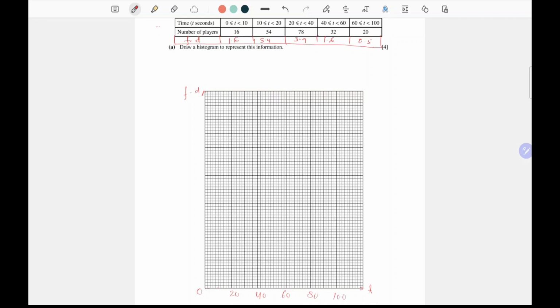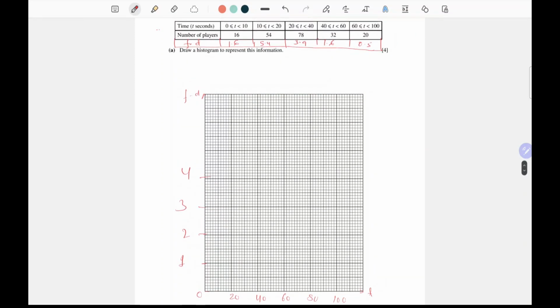And frequency density, I'm considering maximum, it goes to 3.9. So 1, 2, 3, 4. Okay, so here I'm considering, guys, this is 1, this is 2, this is 3, and this is 4.